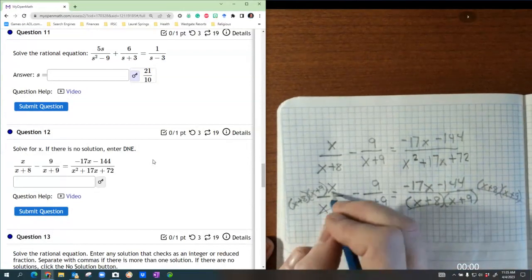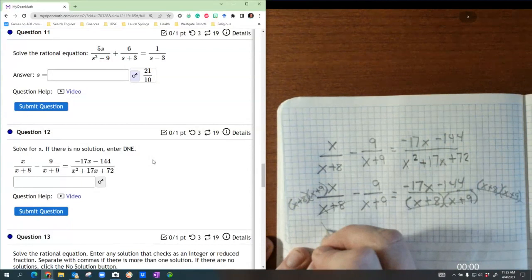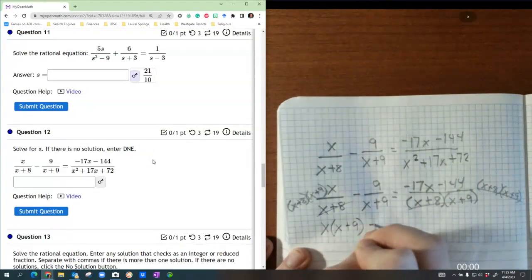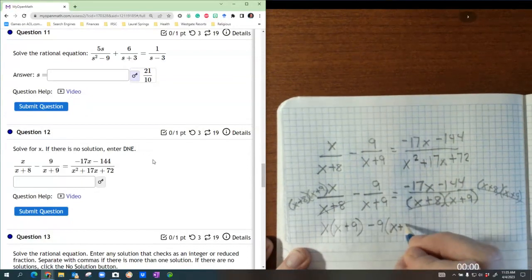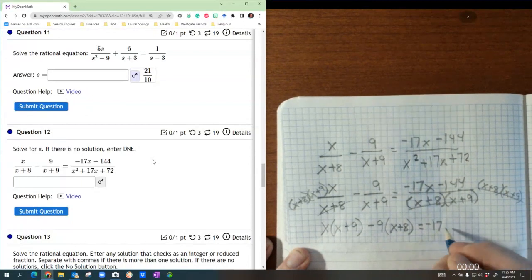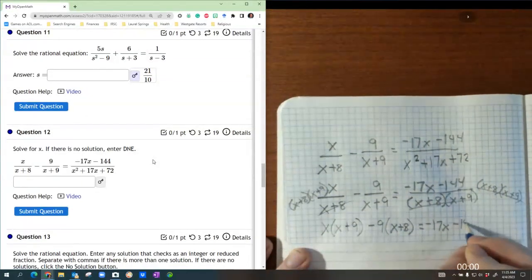This will take this one out, leaving us with x times x plus 9, then negative 9 times x plus 8, and then negative 17x minus 44.